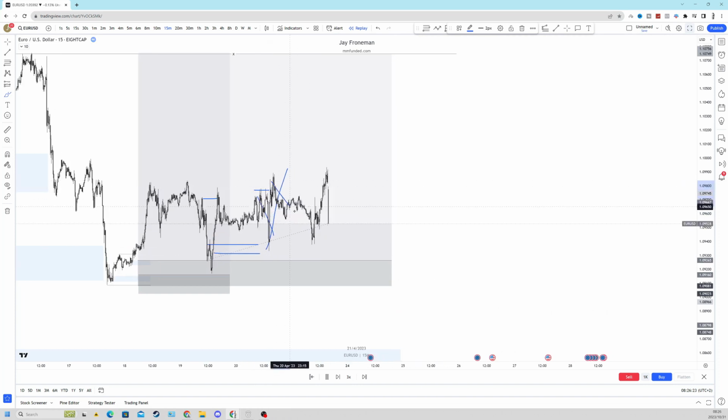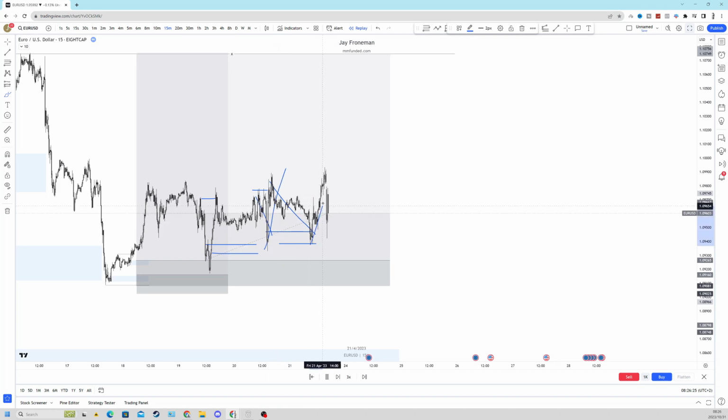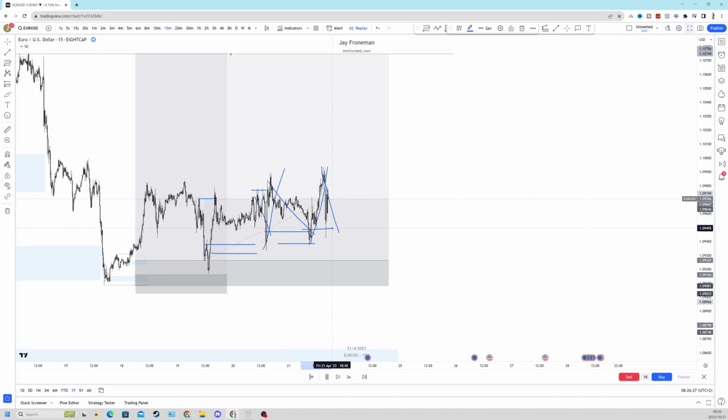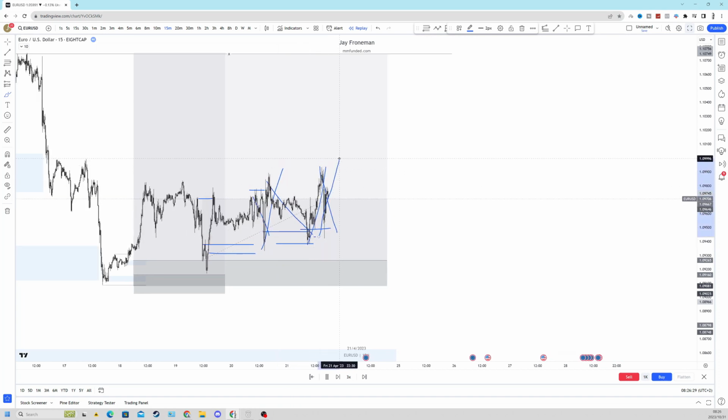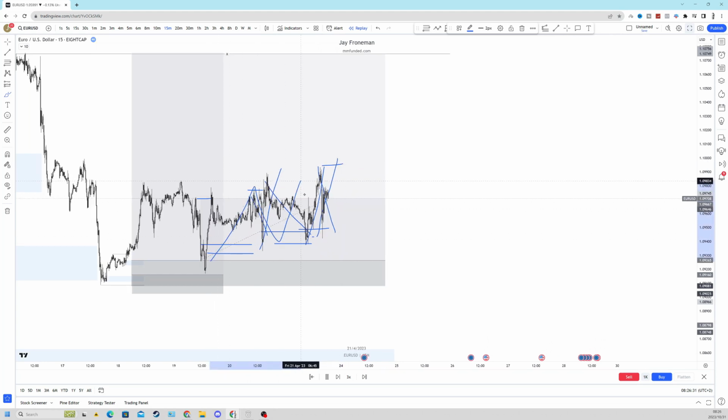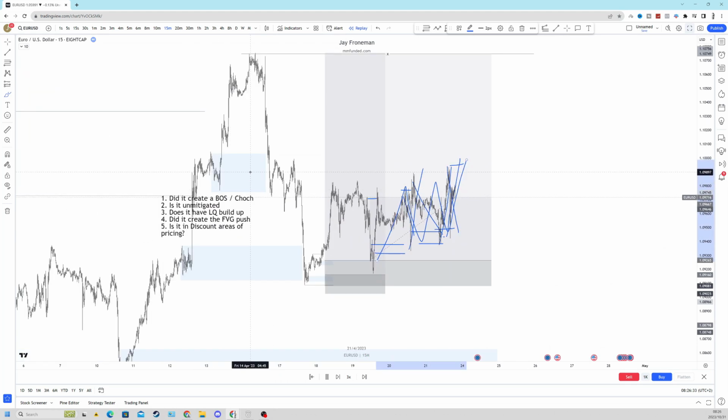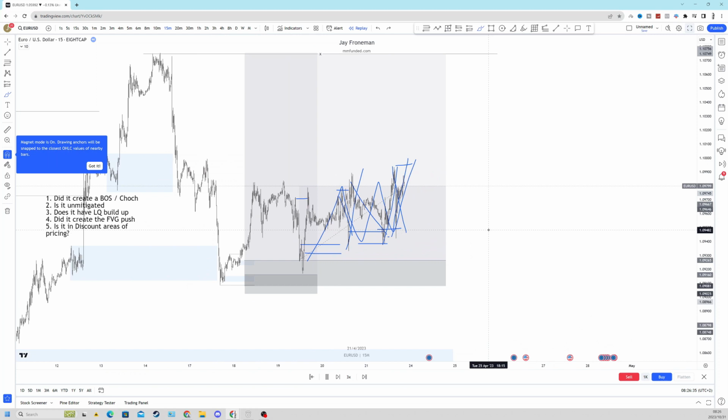Pullback into discount demand, targeting those weak highs, just following your structural context off the higher time frame institutional level.